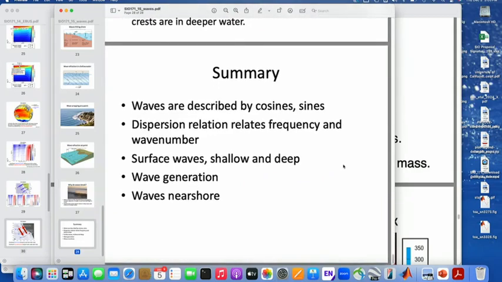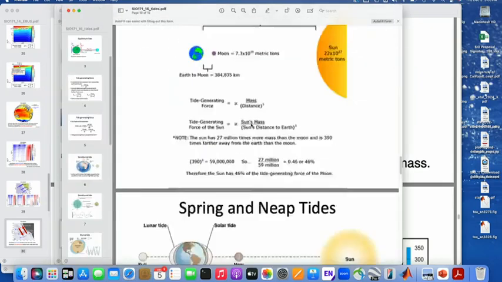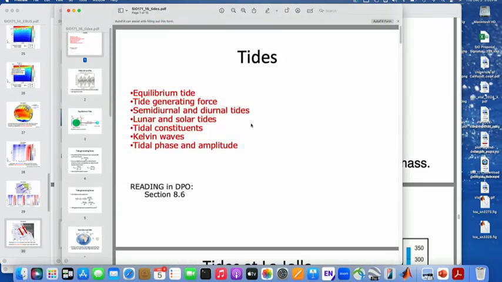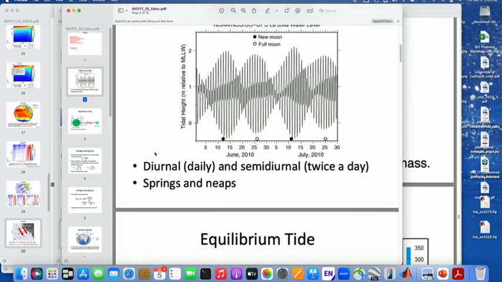Okay, let's see, what's next? Now we're getting to stuff that we've done more recently. So I think right before Thanksgiving, we talked about tides, and we talked about basically the fact that there's this daily inequality.